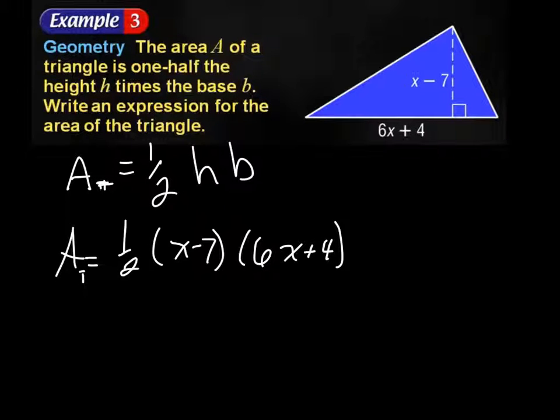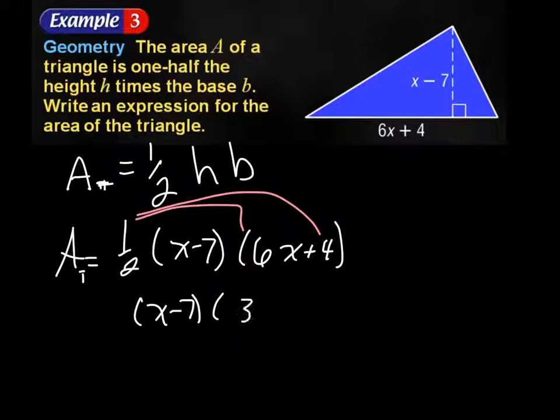Now, suggestion. Using the commutative property, it doesn't matter what order we multiply in. So I'm going to distribute the 1/2 to the things that are multiples of 2. So I'm just going to copy down the x minus 7. And half of 6 is 3, half of 4 is 2. Now I've just made my work a little simpler.